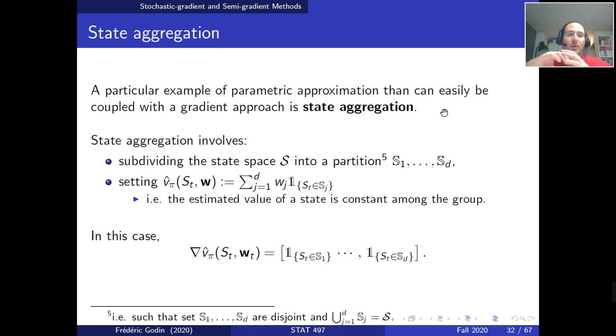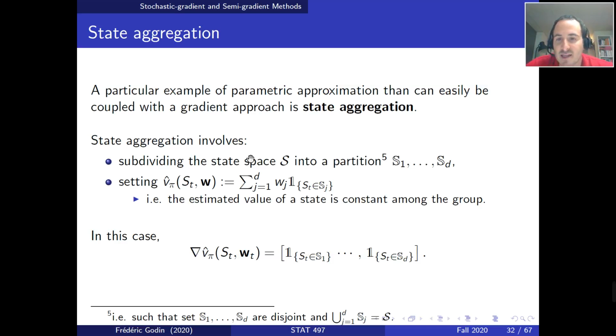So what we assume here is that for similar states, there's a single value which applies for all these states. So this is state aggregation. We aggregate sets of states together, and for all states within the set or the aggregate, we assume they share the same value. So the value function for all these states is the same.